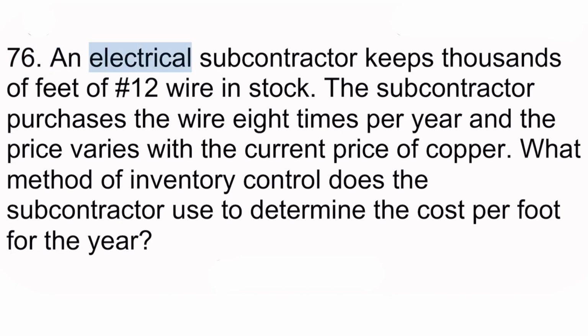76. An electrical subcontractor keeps thousands of feet of number 12 wire in stock. The subcontractor purchases the wire 8 times per year, and the price varies with the current price of copper. What method of inventory control does the subcontractor use to determine the cost per foot for the year?